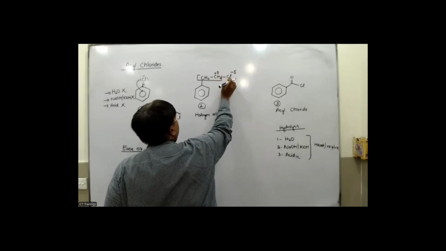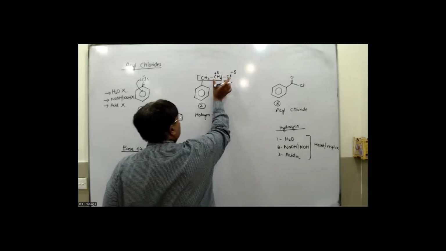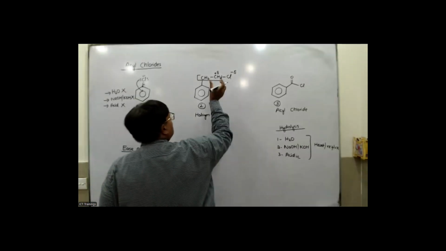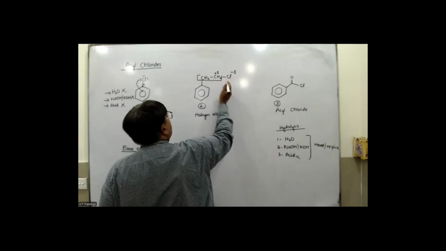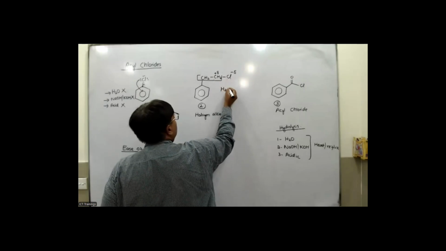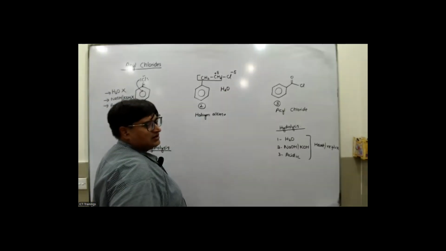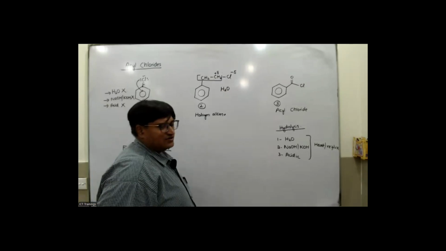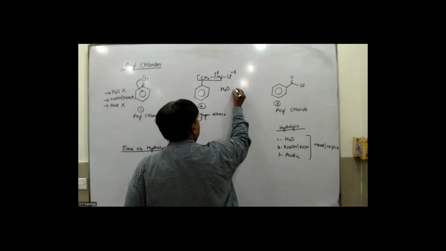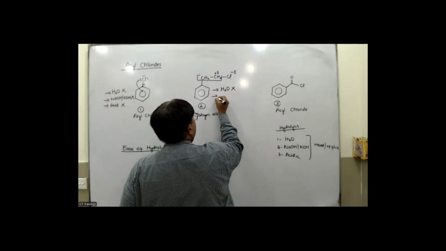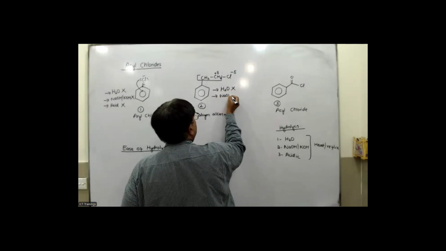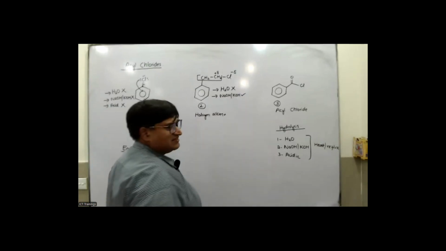So the carbon and chlorine bond has a little bit of polarity. This polar bond cannot be broken down with water, because water is unable to hydrolyze it, even if you heat it up. But it can be hydrolyzed by sodium hydroxide or potassium hydroxide. You have done this reaction.